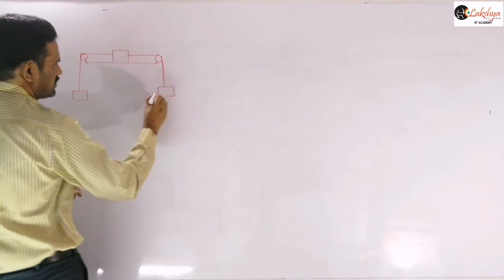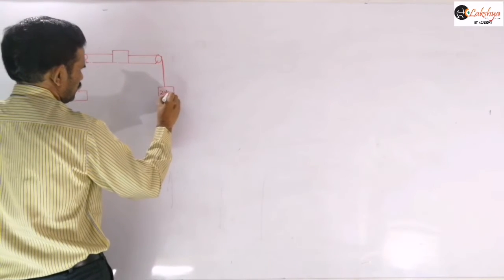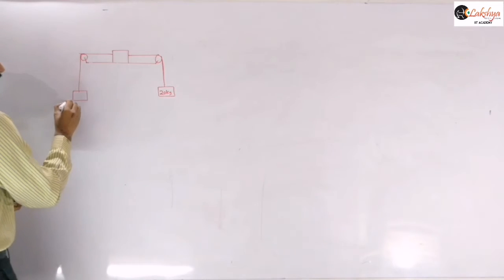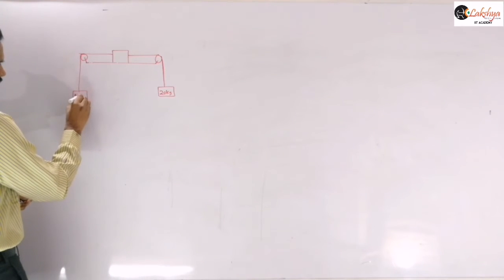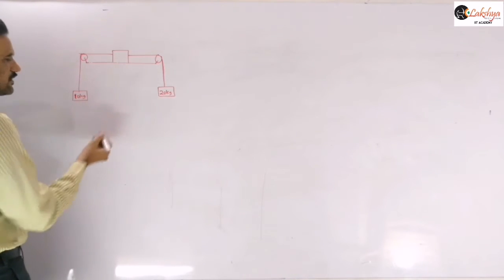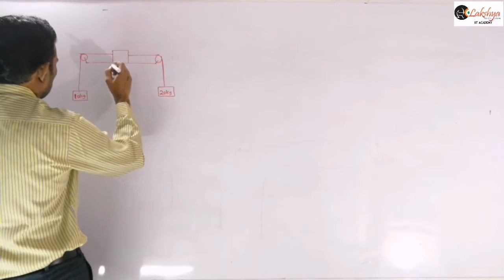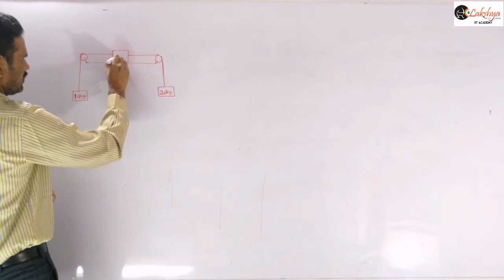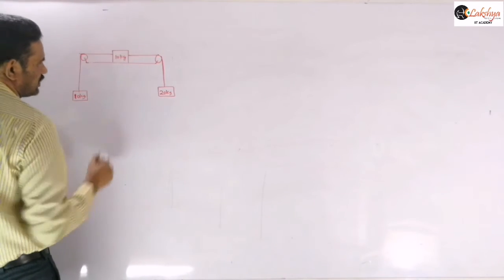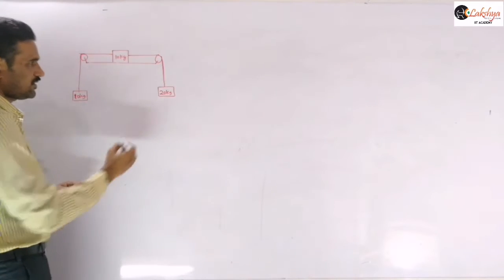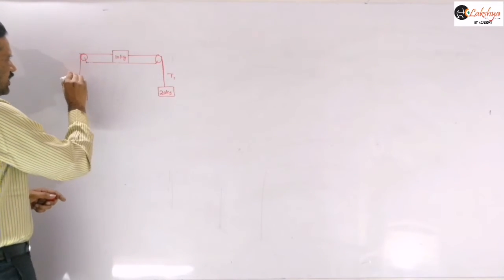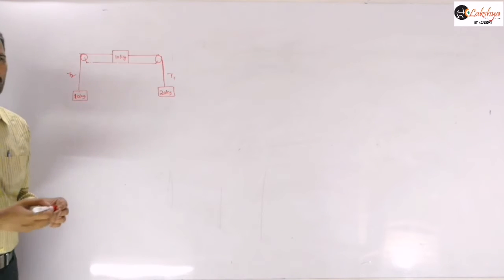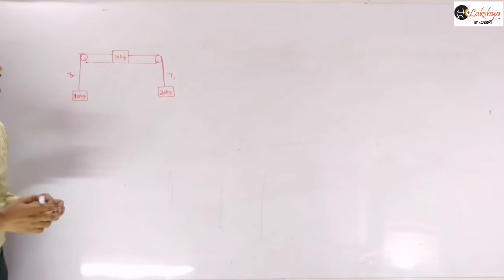Say this is 20 kg and this is 10 kg, and let us take this value as 10 kg, right? Now we need to find the tensions T1 and T2 in the string, and then the acceleration of the system.